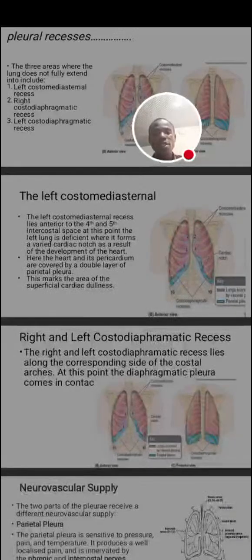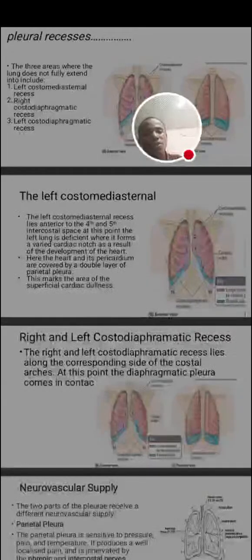The left costomediastinal recess lies anterior to the heart.